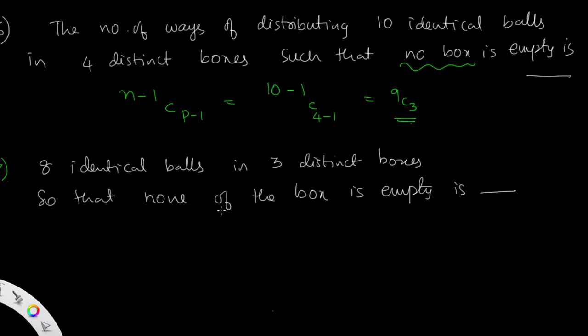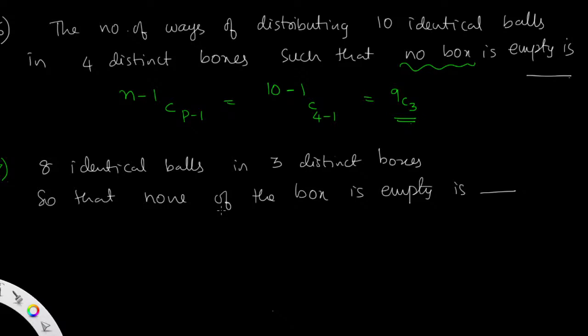Give the response. What is the answer? Find the number of ways of distributing 8 identical balls in the 3 distinct boxes so that none of the boxes is empty.